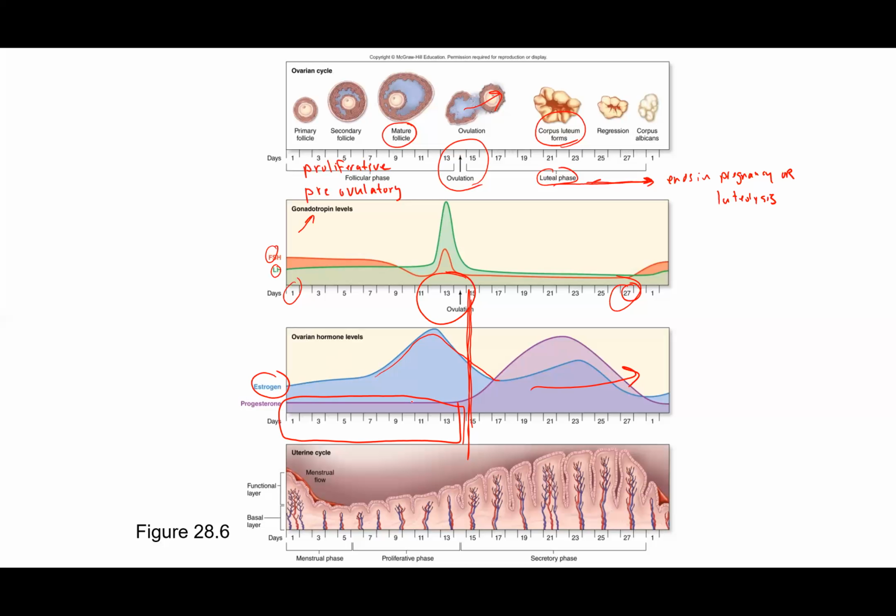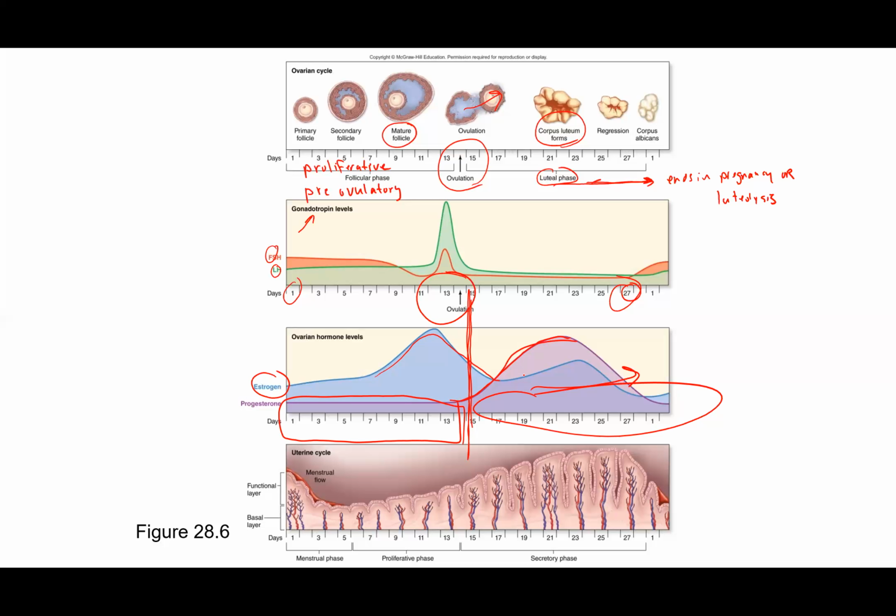And then progesterone kicks in. Progesterone is there to prepare the endometrium for potential pregnancy. So progesterone assumes that a fertilized egg and pregnancy are going to take place, and it prepares for that by increasing its level in the back half of the cycle.